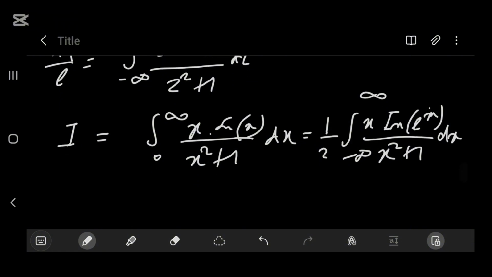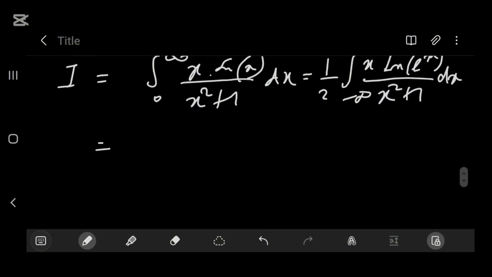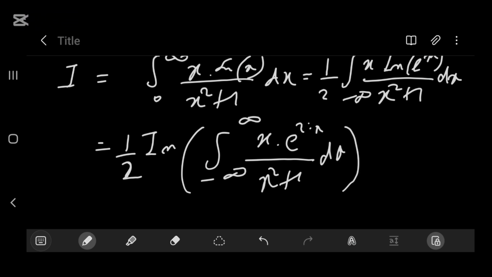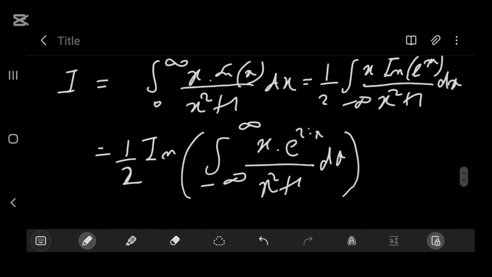Don't forget the dx. For this part, we can take the imaginary part outside, so the required integral becomes the integral from minus infinity to infinity of x times e to the ix over x squared plus 1 dx. It's actually e to the ix.